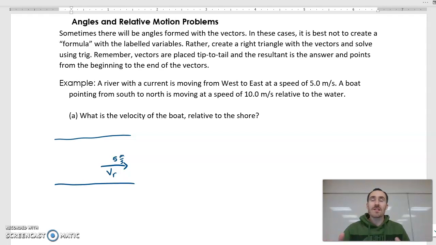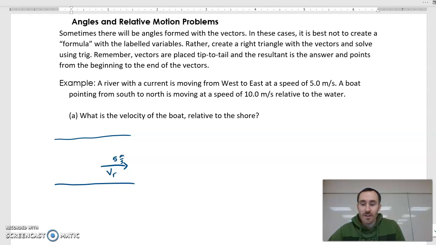And so what that means is if you were on the water, moving along with the water, you would see the boat traveling straight north. Okay, and so that means when we're talking about the boat's actual velocity relative to the shore, we have to take into account the fact that the boat is moving north. We also have to take into account that the current is bringing it east. Okay, so both of those things are happening.